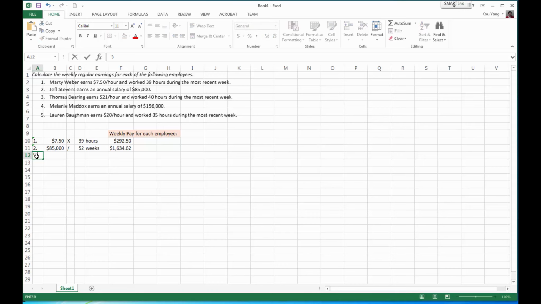For employee 3, I've got Thomas Deering. He earns $21 an hour and worked 40 hours during the most recent week. He worked 40 hours last week, and this week we're paying him for what he worked the previous week. All we know is he gets paid $21 per hour, so I'm going to multiply that by his 40 hours. Once again, you can do this too.